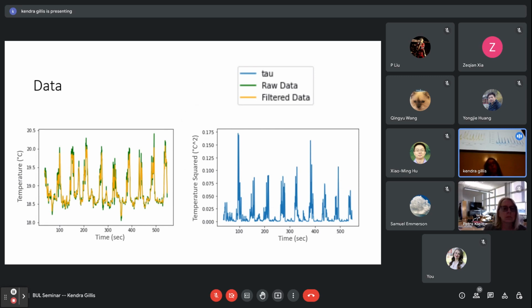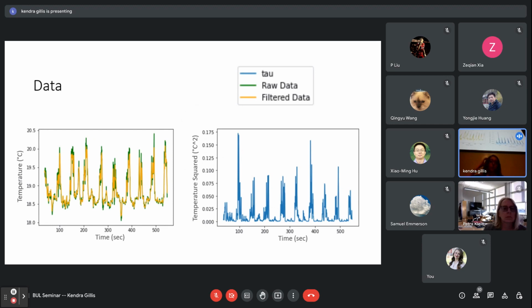This is the larger eddies that we would be simulating. You can see that they're pretty close, but you can see where it spikes up really high or really low. The orange falls short of where the green is because it's not taking into account all of those smaller eddies. On the right is the tau, which is what you would add to the orange to take into account the smaller eddies.